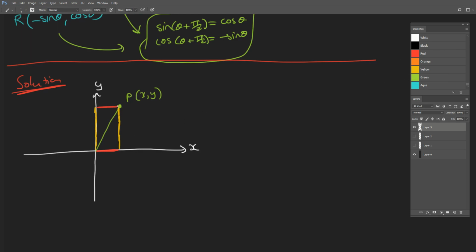I should say the y sides in yellow anyway. So this point over here, we'll just call this point A, and it will have coordinates x and 0. And this point over here we'll call B, and this will have coordinates 0 and y. So now I'm going to rotate this rectangle.